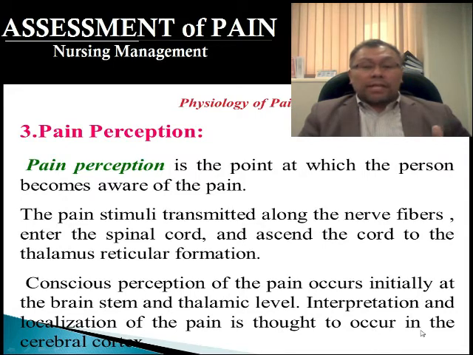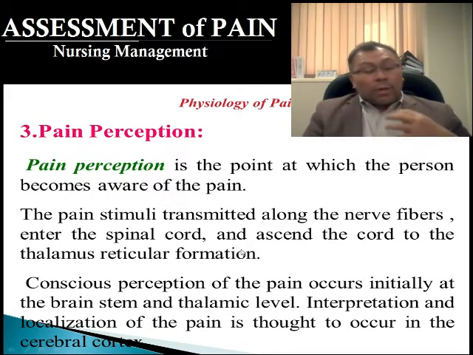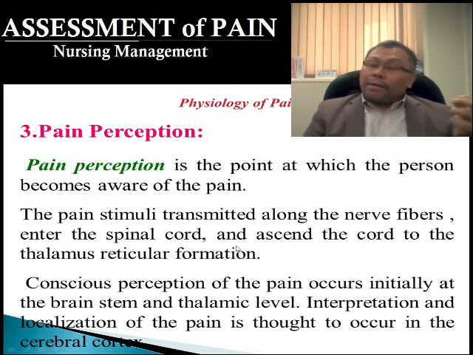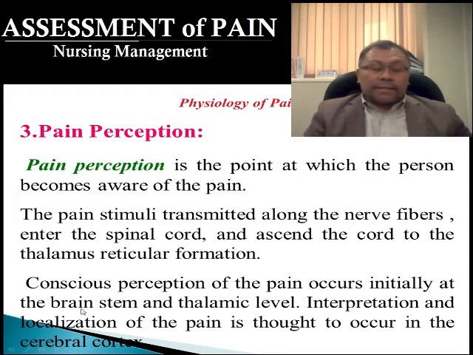Interpretation and localization of the pain is thought to occur in the cerebral cortex. This is what we have said, right? Giving meaning and interpretation, and then the motor neuron systems will move the muscles, and the skeleton will move the whole part which is affected. So if it's hot, if it's cold, if it's painful, you are going to retract and move away from that certain area.